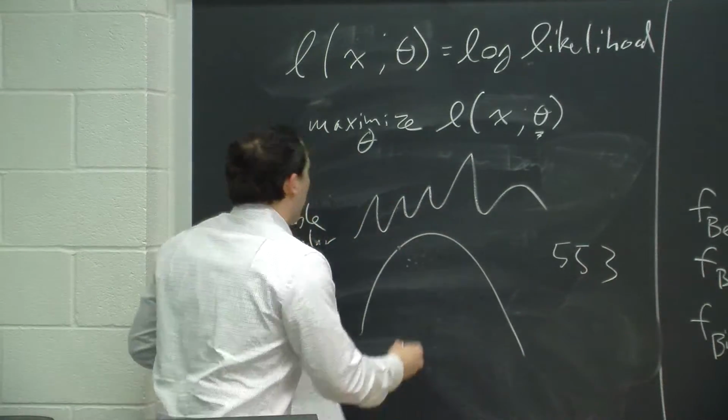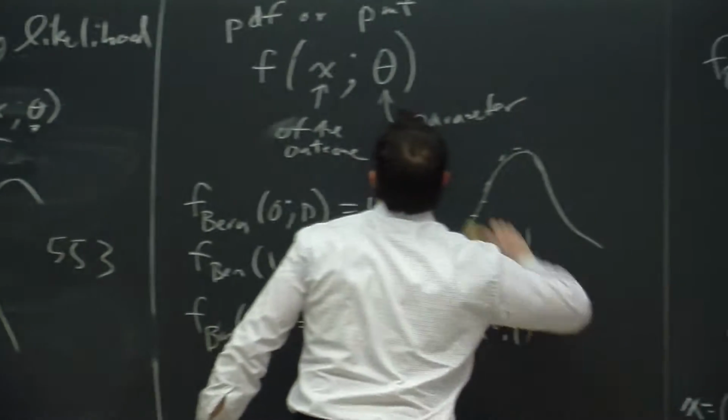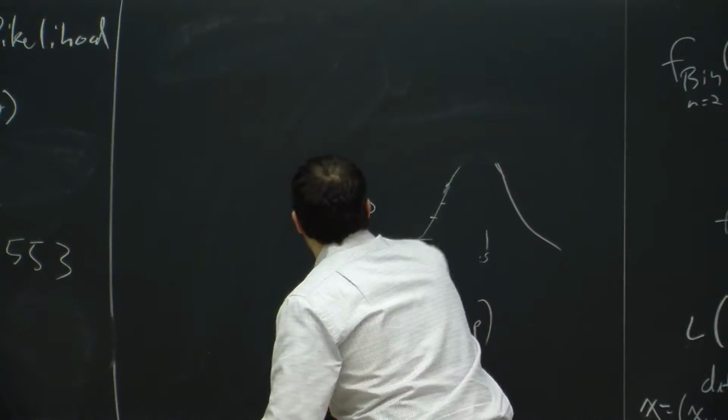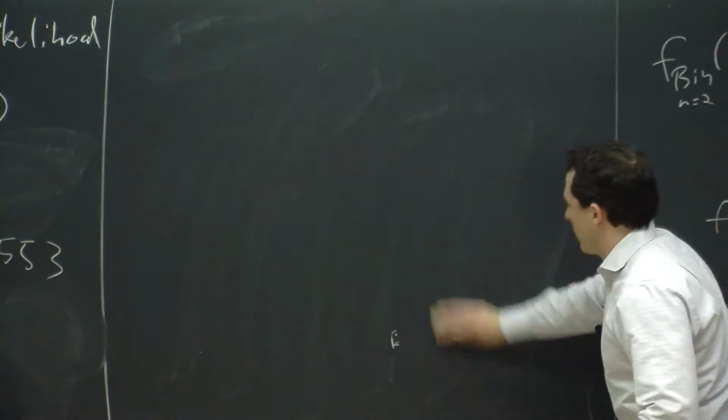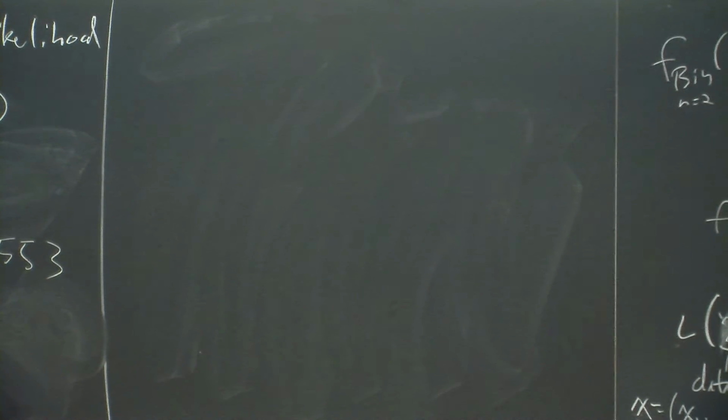Okay, so why do we do this? The idea that we should maximize likelihood is not really a mathematical idea, it's kind of a philosophical idea. We see a data set, and we have to make a decision about how to model it or how to approximate it.